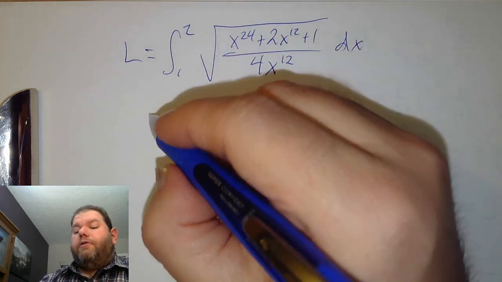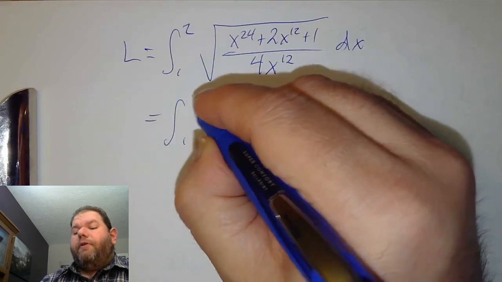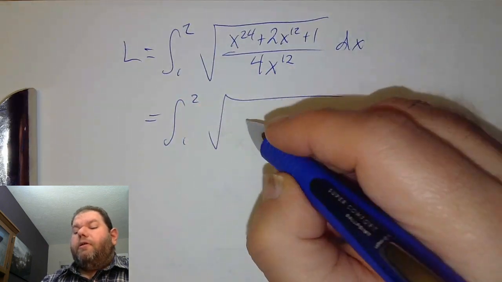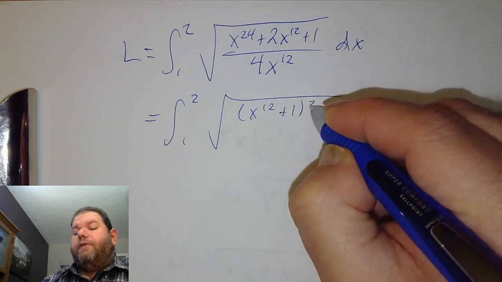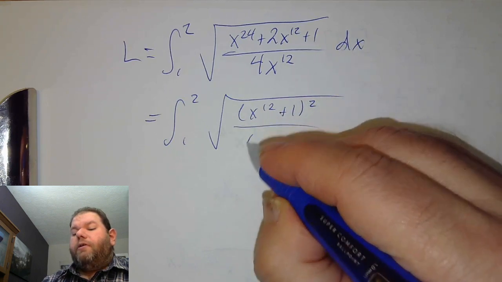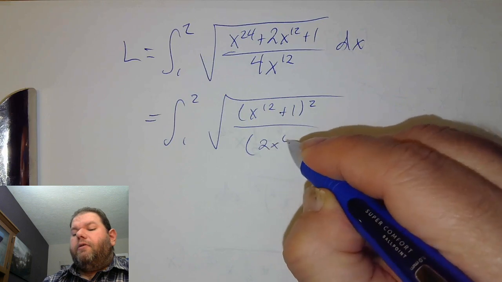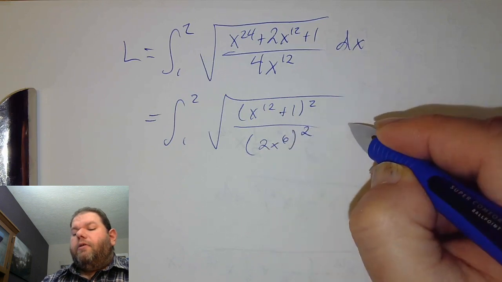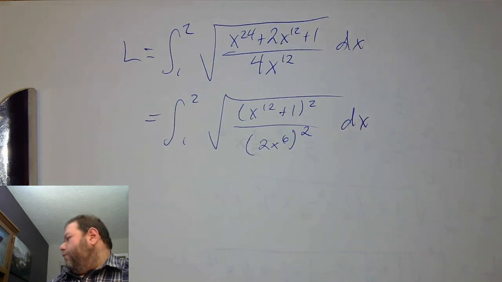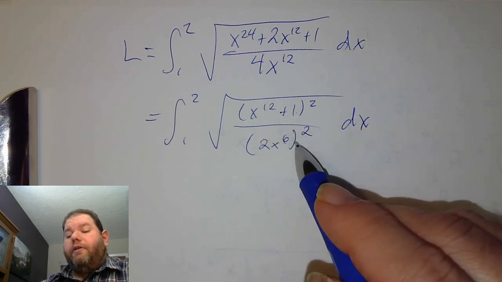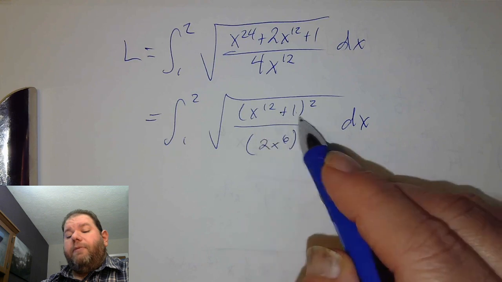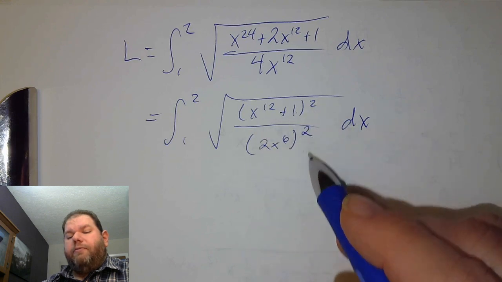it turns out that our numerator could be rewritten as x to the 12th plus 1 in parentheses squared. So what I've done in this step is basically taken both the numerator and the denominator and expressed them as terms that are being squared.